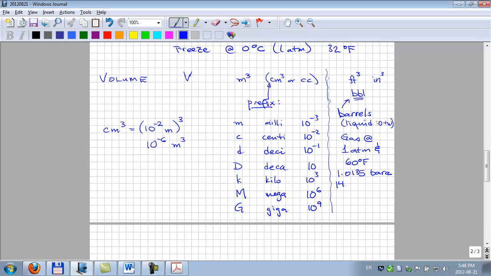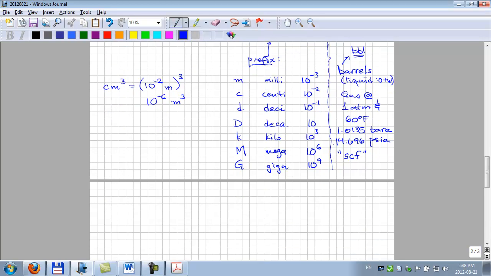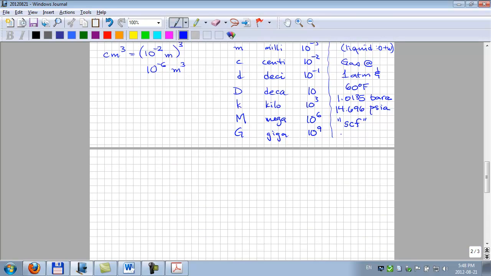It's 14.696 psi-A. And this is called a standard cubic foot, SCF. Standard cubic foot.